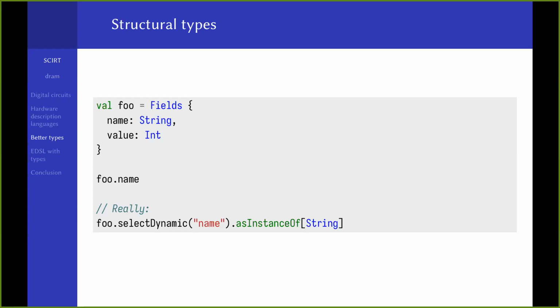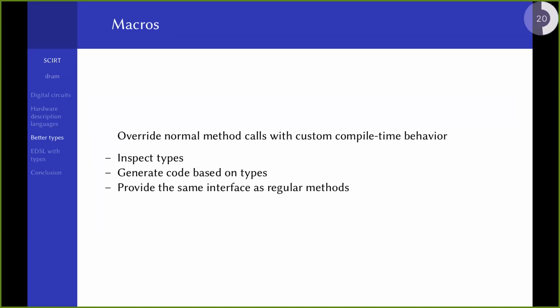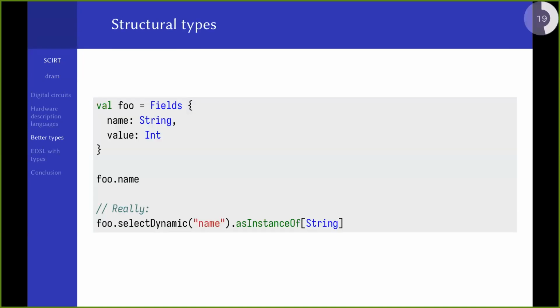These two things are what happens in the type system. And to use them, we are going to use some macros. Macros can override normal method calls with custom compile-time behavior. For example, going back to the selectDynamic thing, if selectDynamic is a normal function, we can only access its argument at runtime. But if it's a macro, then we can actually extract the name string at compile time and do something with it.